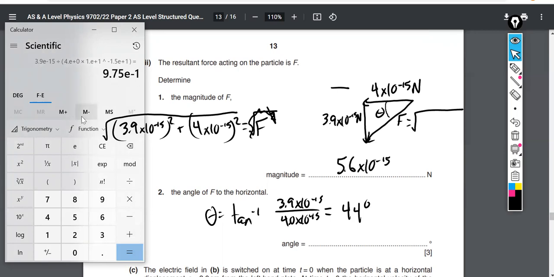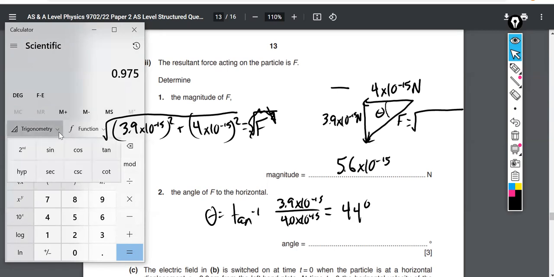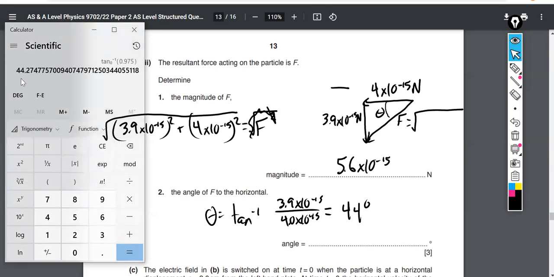So the ratio of sides is this, back to standard form. And then the inverse tangent of that is 44 degrees. So that's the angle to the horizontal.